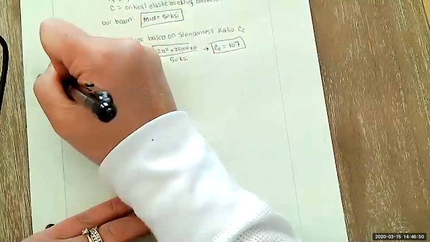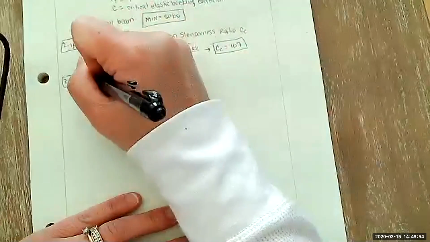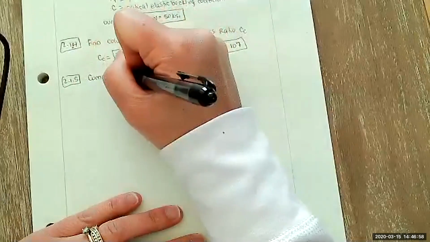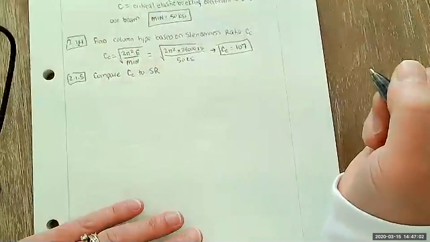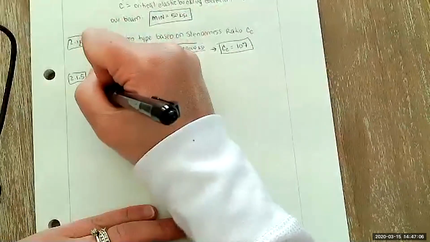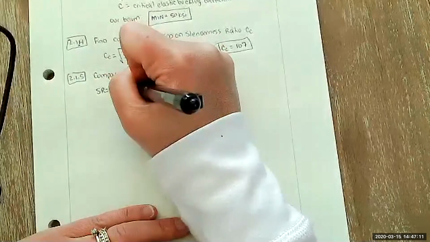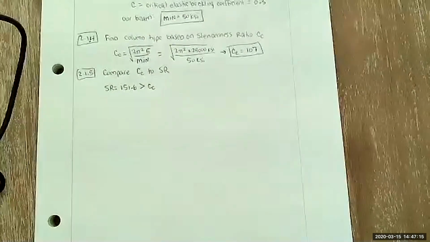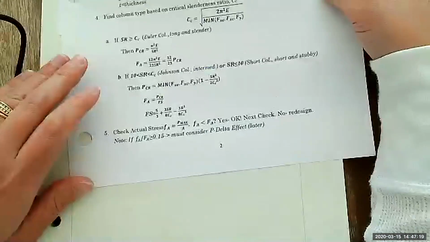Next, we're going to compare C sub C to our slenderness ratio that we calculated earlier. Our slenderness ratio is equal to 151.6, which is greater than C sub C. If we look in our cliff notes, we see we have 2 tracks to follow.